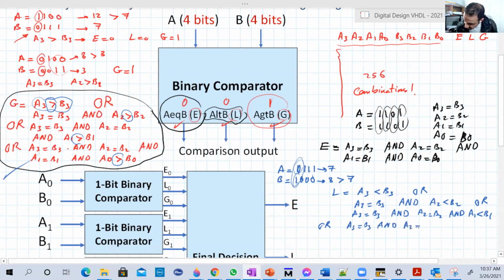So here is A2 equal to B2 and A1 equal to B1, and finally A0 now is less than B0.